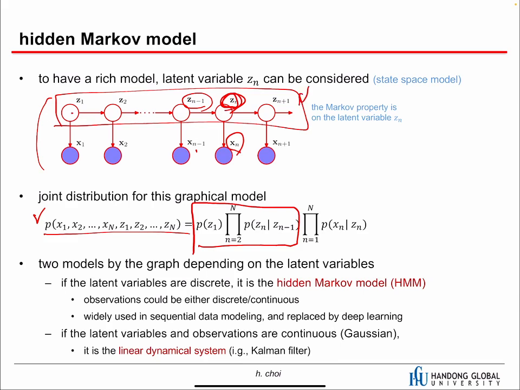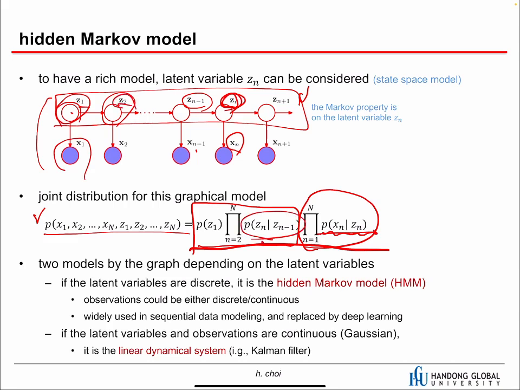And given one latent variable zn, we can have xn, so we have a product. This is the complete equation for the hidden Markov model. We have a probability for z1, and given z1, we can generate x1 by this. Then from z2 we can generate x2 by this. Repeatedly, we can generate all the latent variables and then the observations.